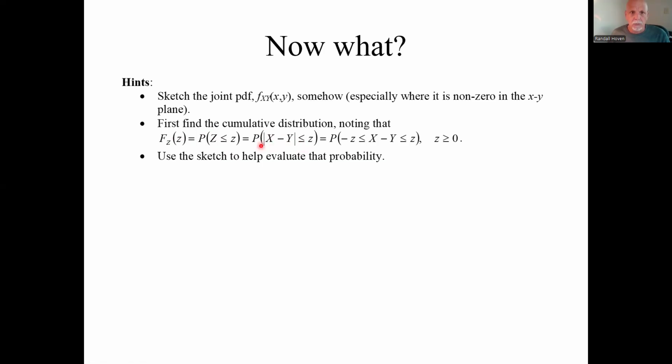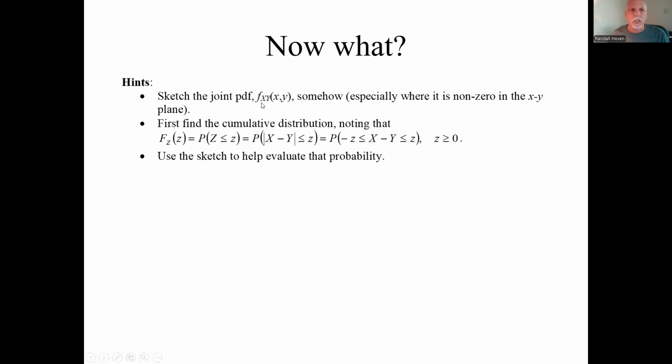Just plug in what Z means here. We can split it up here. We have the probability that involves two random variables. Remember how we did that? Region of integration. We integrate the joint PDF of the two variables, in this case X and Y, over the region where this is true.